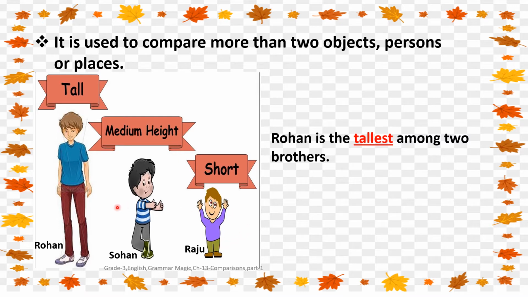There are more than two boys. How many boys? One, two, three. So here we have done comparison between three persons. When we are doing comparison between more than two objects, persons or places, it is said to be superlative degree. So Rohan is the tallest among the brothers. Understood, children?